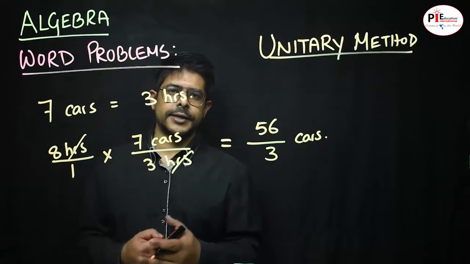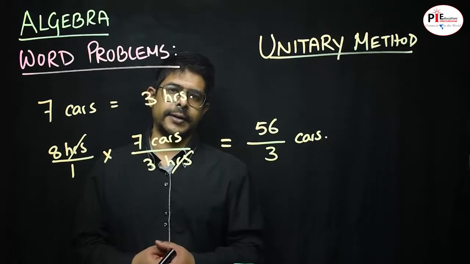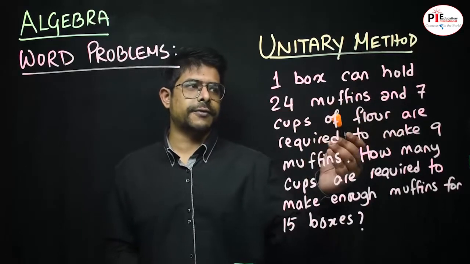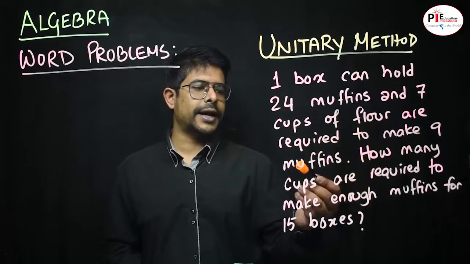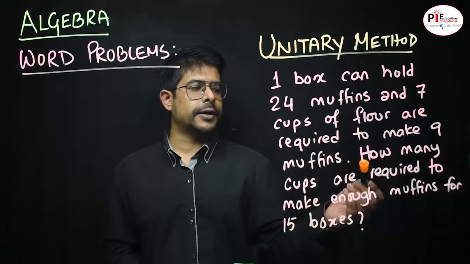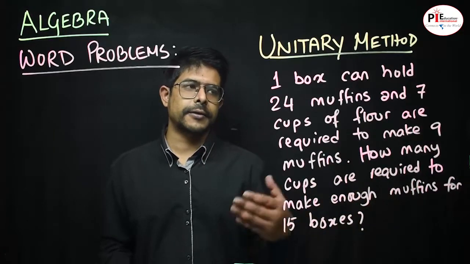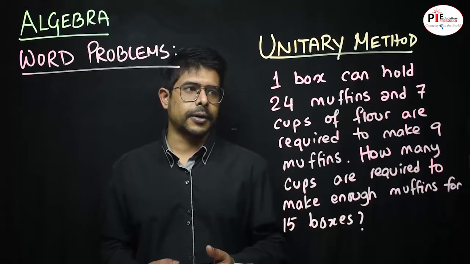I hope this was easy for you to understand. Let's do another example and clear the confusion if we had any. Here, we have been told that one box can hold 24 muffins and 7 cups of flour are required to make 9 muffins. How many cups are required to make enough muffins for 15 boxes? Now, this is what we call a multi-step unitary method problem.